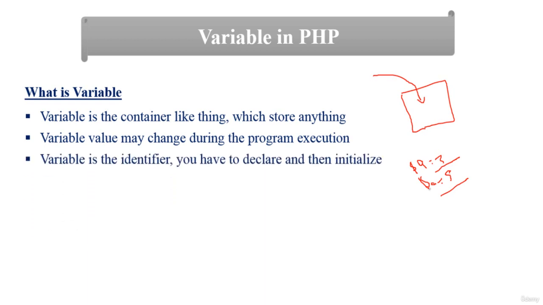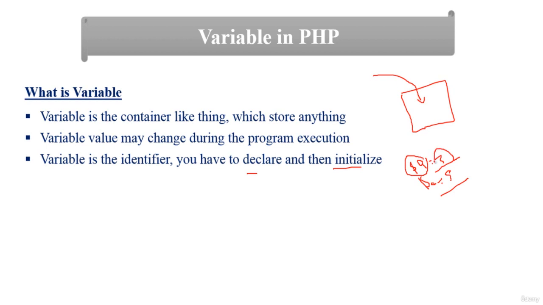A variable is an identifier you have to declare and then initialize. Declare means selecting the name of the variable, writing the name of the variable, getting space from memory. Initialize means providing a value to the variable. You can see that this is a declaration and 3 is provided to the variable.